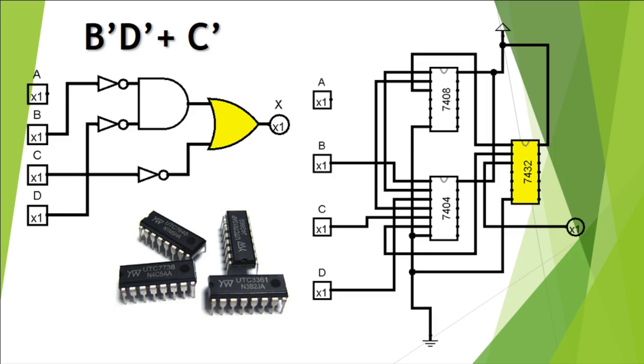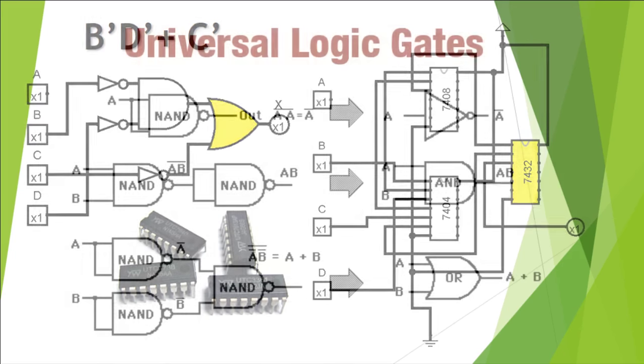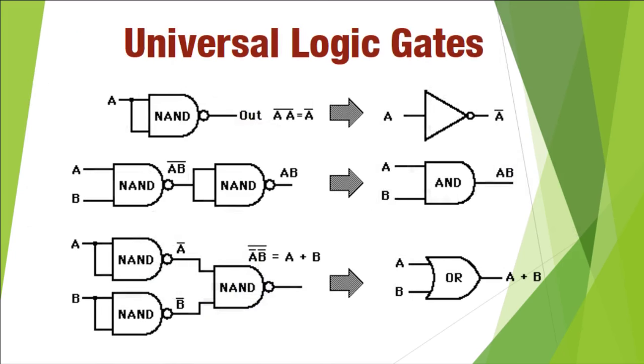However, before implementing ICs into our simulation, let's back up and consider the concept of universal logic gates, or functionally complete gates. Remember that a NAND gate is precisely such a gate, meaning that with some rewiring and combination of NAND gates, we can use them exclusively to functionally replace inverters, AND gates, and OR gates.